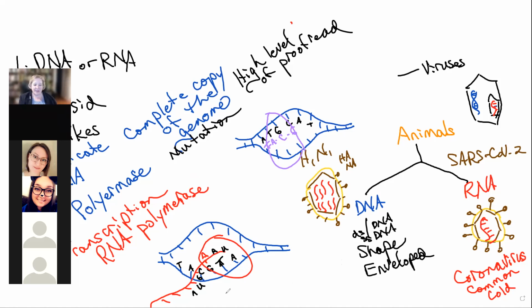It's not that big of a deal. RNA polymerase will probably get it right on the next go round. So RNA polymerase has a lower level of proofreading than DNA polymerase.